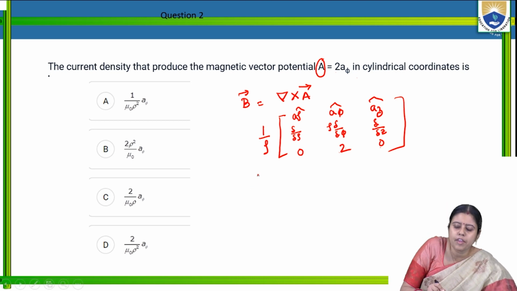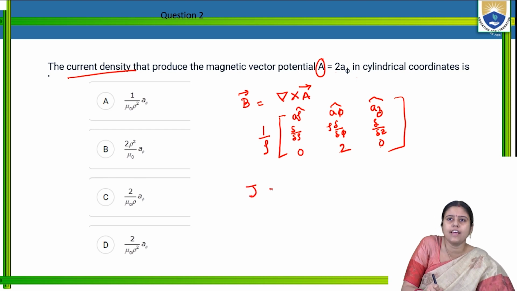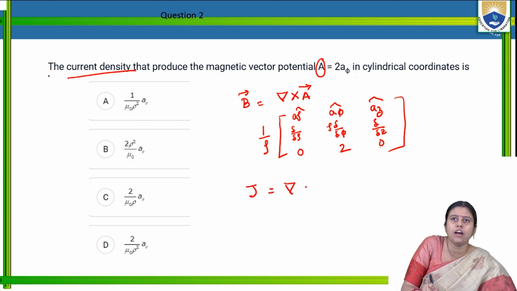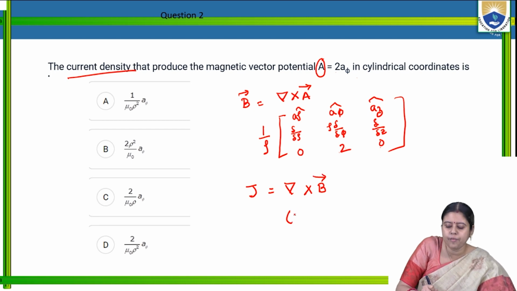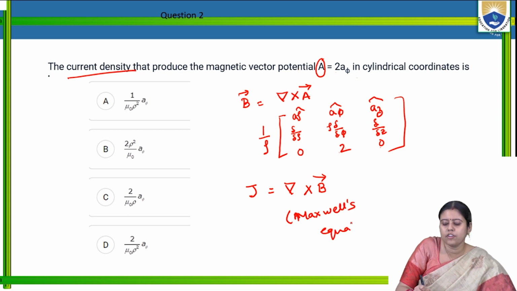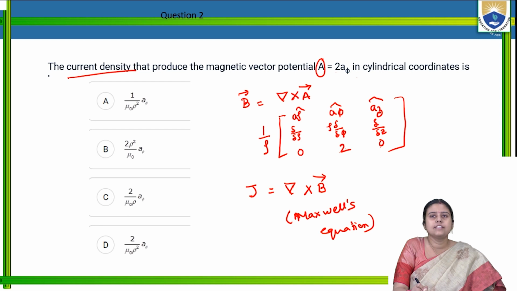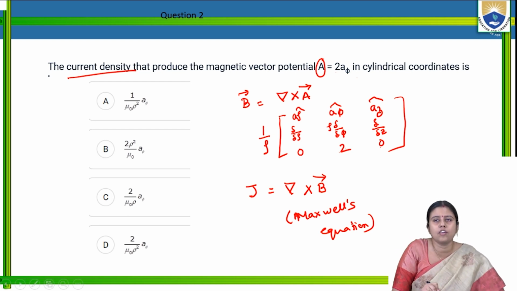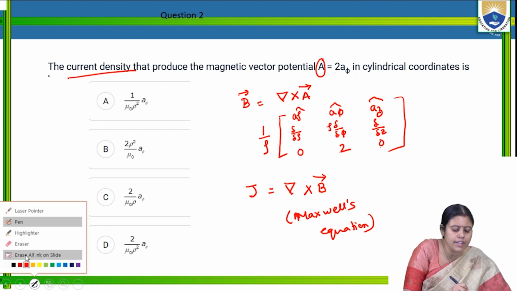Next step is to calculate the current density. What is the current density according to Ampere's circuital law, from Maxwell's equation? We get J, the current density, equal to grad cross B. So, what will be the answer?